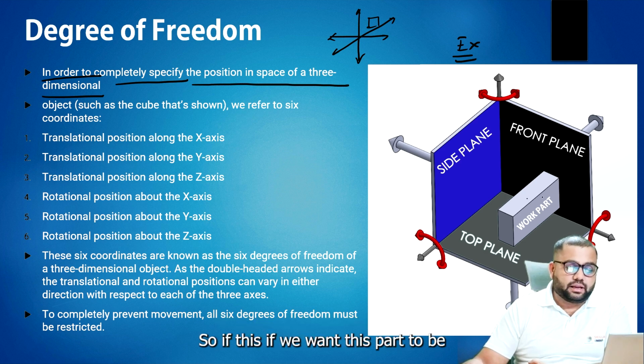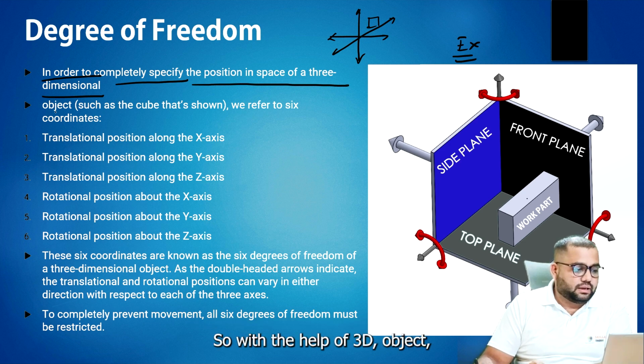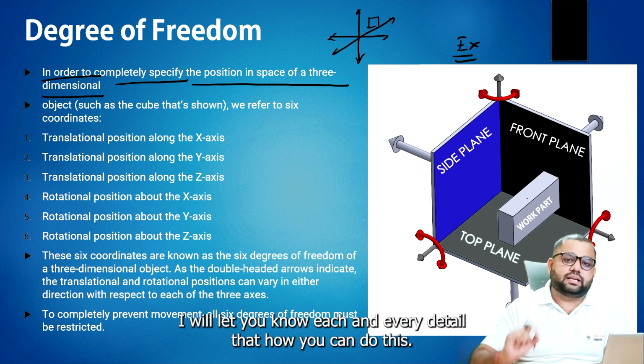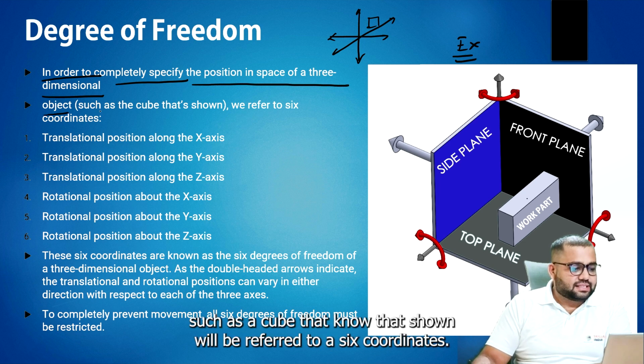If we want this part to be in a stable condition, we have to lock the 6 degrees of freedom. With the help of a 3D object, I will let you know each and every detail of how you can do this. For an object such as the cube shown, we refer to the 6 coordinates.